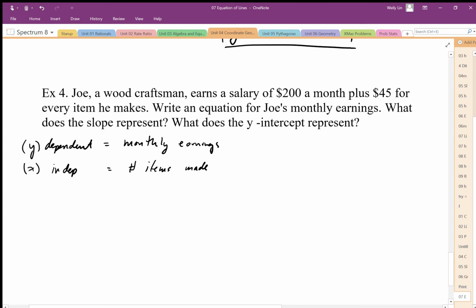Okay, so his salary is $200 a month. So his monthly earnings, he starts at $200 and earns $45 for every item he makes. Well, if I were to calculate earnings based on this word relationship, I would start with $200 and then add $45 per item times the number of items.